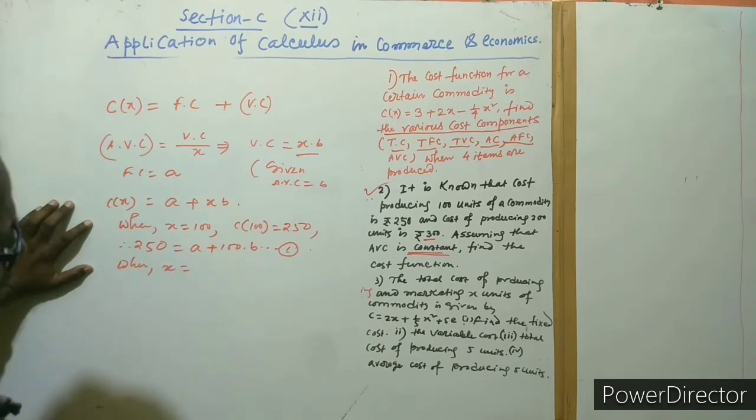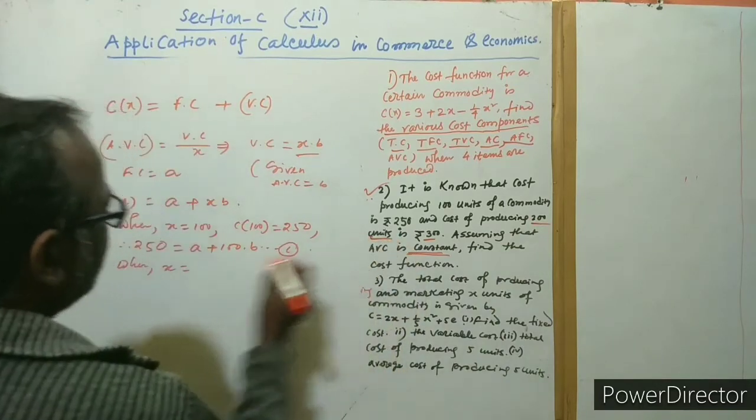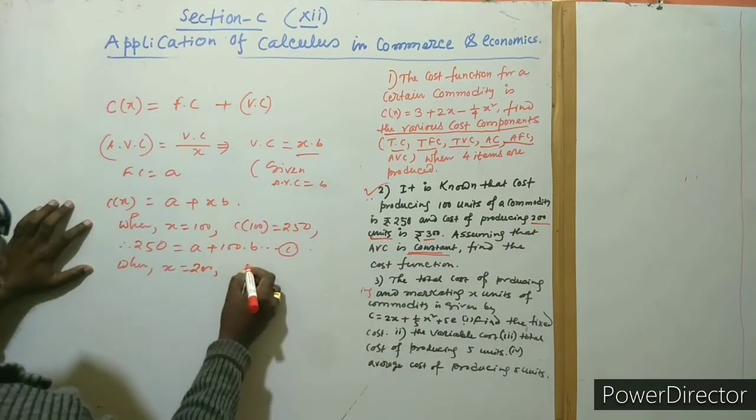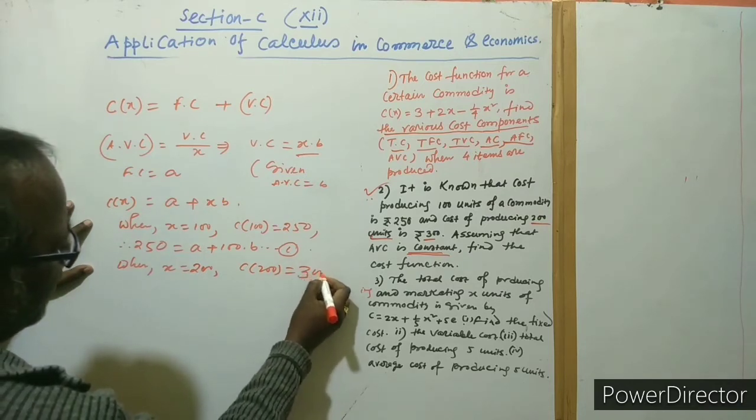When x is equal to 200 units, then C of 200 is given as rupees 300.